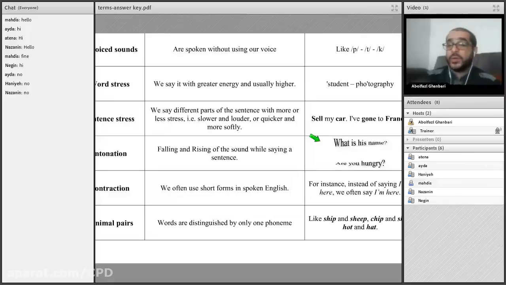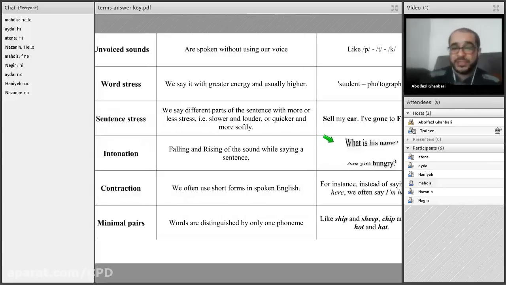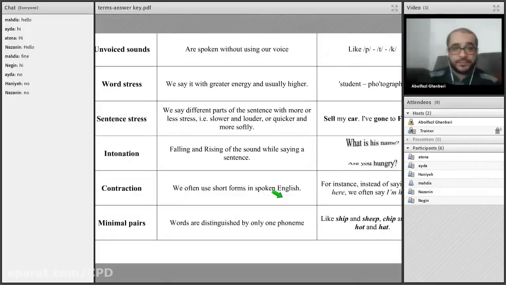What you hear is sell and car, and my is not under pressure, is not louder like sell and car. We will talk about them in detail: what we mean by sentence stress, and how to find sentence stress in a sentence.